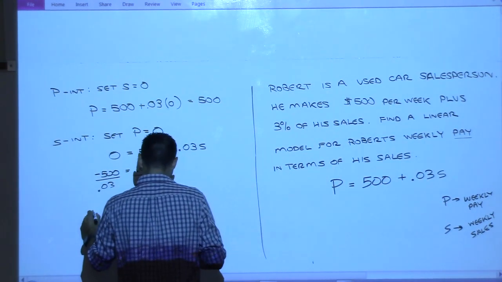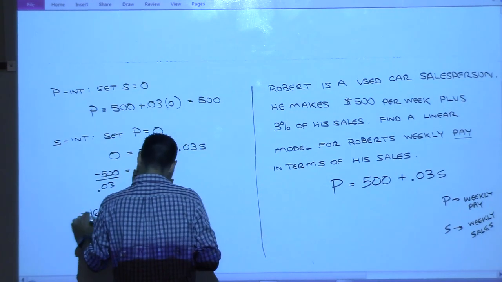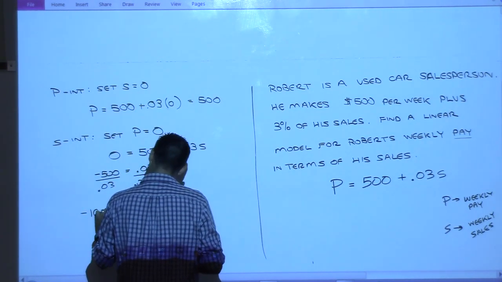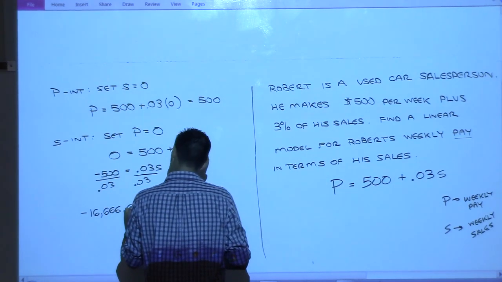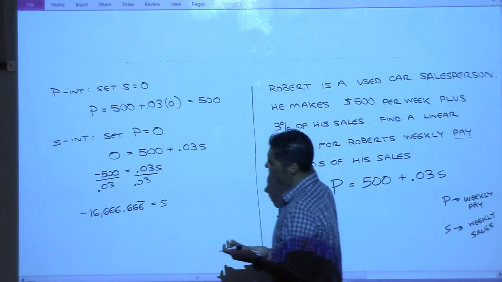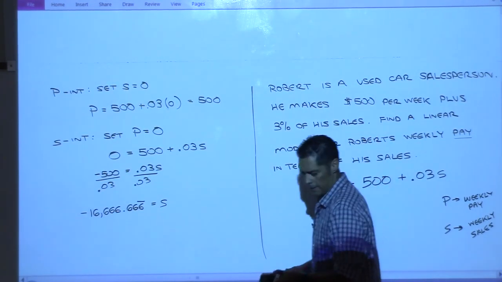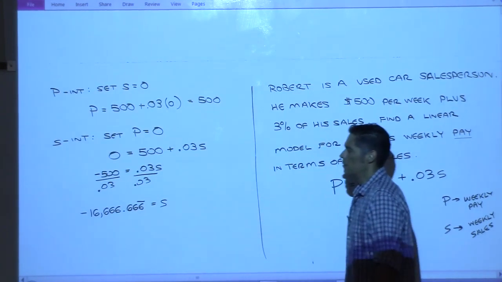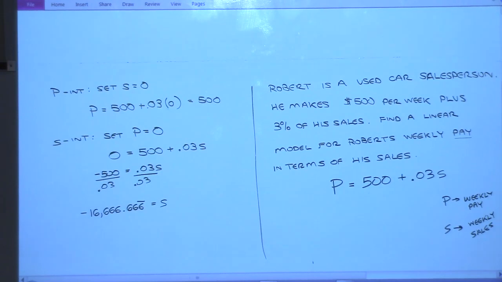Let me see, I get negative 16,666.666 equals s. Are y'all getting that? Something seems wrong, but yeah, that's okay. Y'all okay?